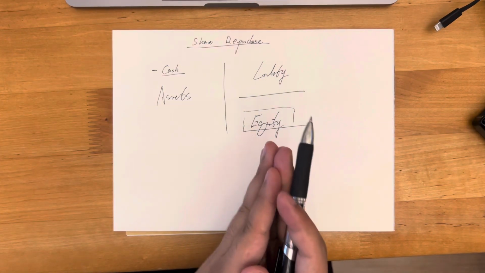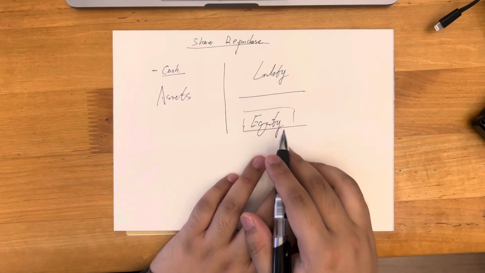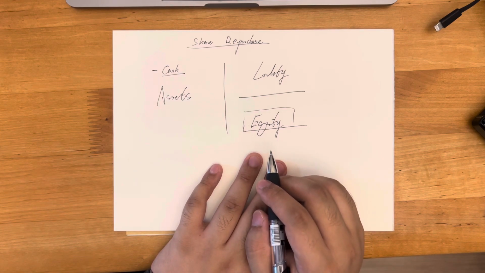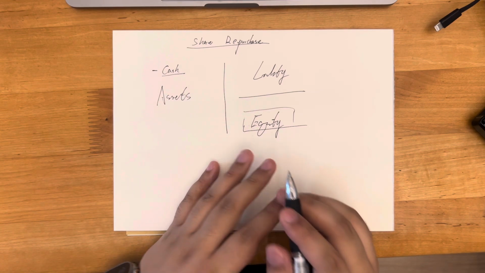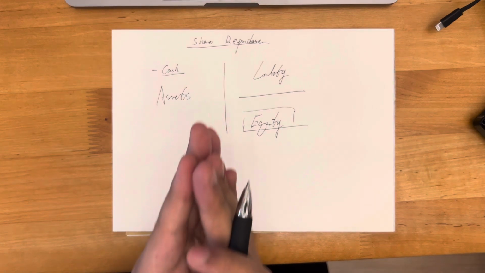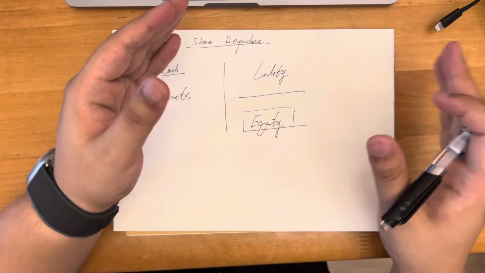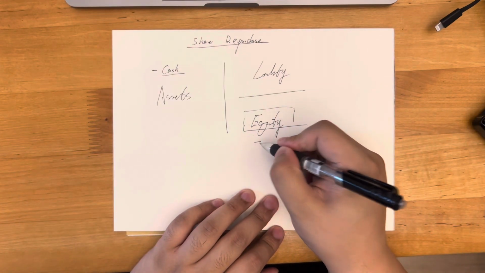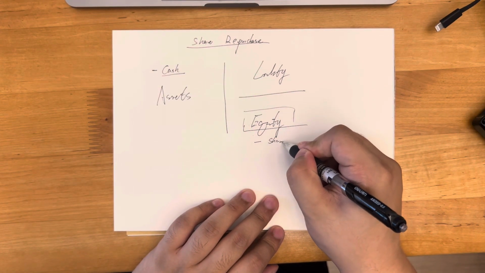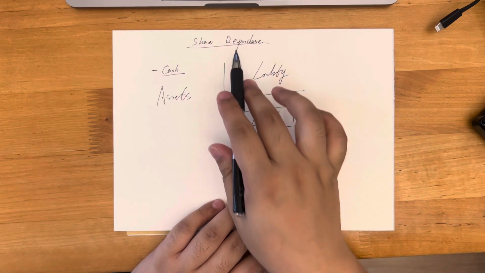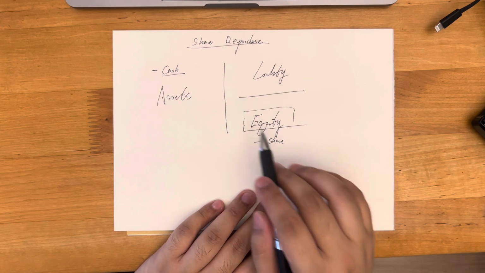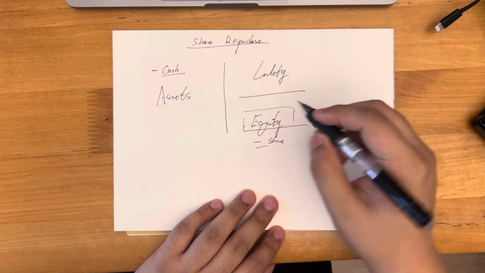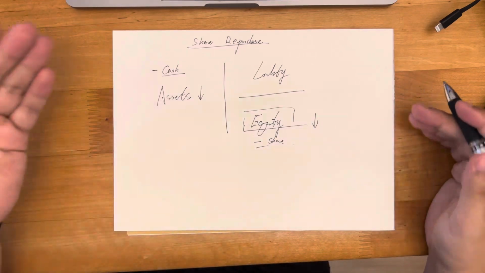And remember, here's the tricky part. If the company already bought the share that you own, that share is gone. You will no longer be registered. The share that you sell to the company is gone. So the equity will be reduced, and the asset will be reduced as well.